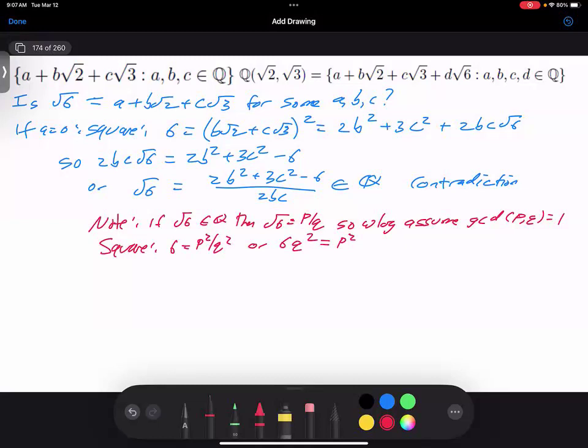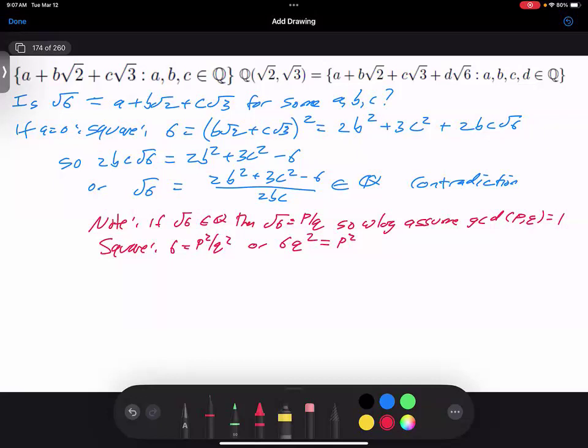So what can I deduce now? If 6Q squared equals P squared, what do you know about the left-hand side? It's a multiple of 6. So what do you know about the right-hand side?